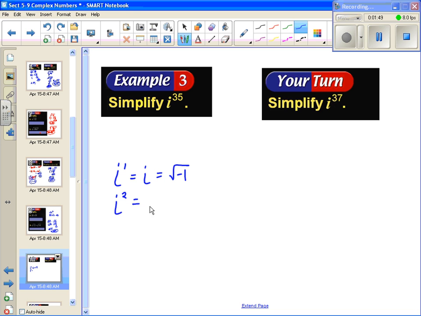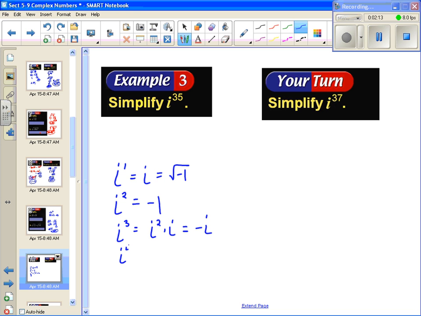Anytime we had an i squared, we get -1. i to the third power, we can think of as i squared times i. Remember, you would add the exponents, so i squared times i would be i to the third power. So I get -1 times i, which would be -i.